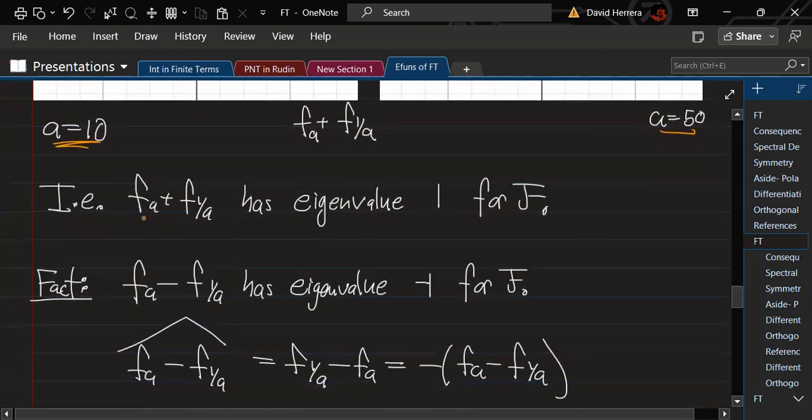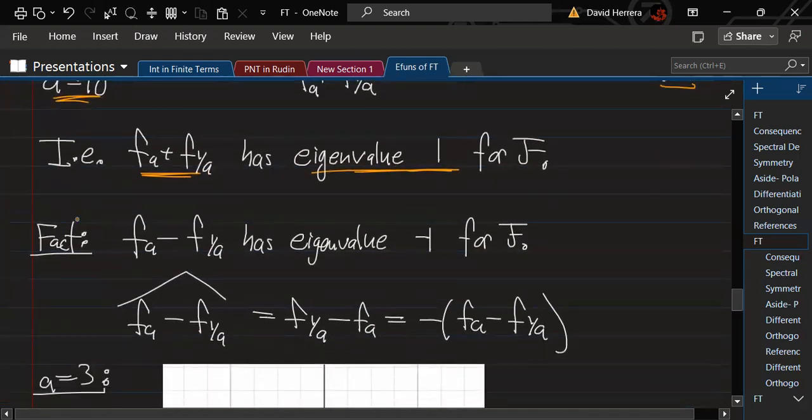Another thing that we just said is that this function is an eigenfunction of the Fourier transform, and it has eigenvalue 1 because it is its own Fourier transform. Now, instead of adding them, you can subtract them, and you're going to get an eigenvalue of -1. So if you do the Fourier transform of this one, you get f of 1 over a. Here you get fa. And in order to write it like this, you need to make sure that this is the same function.